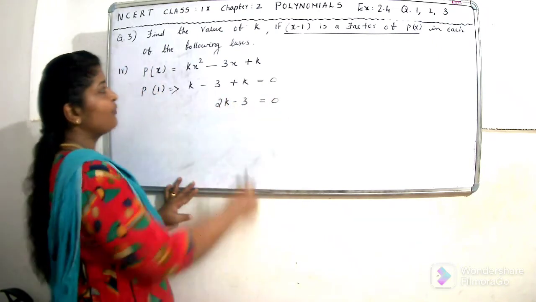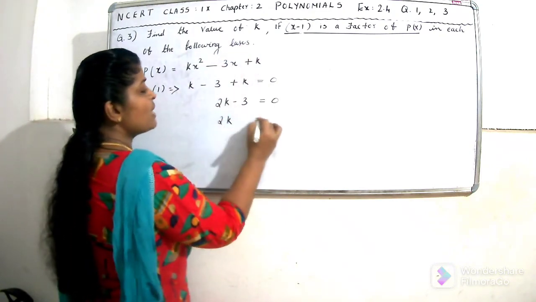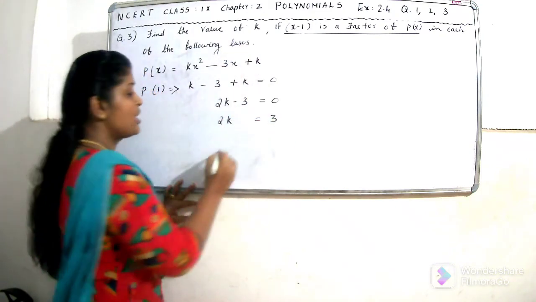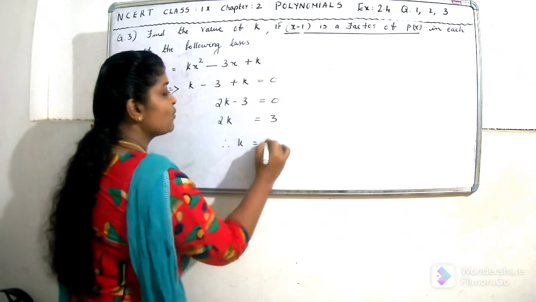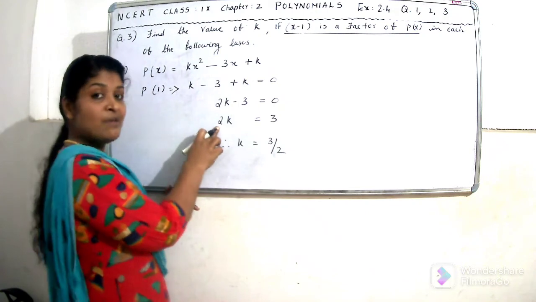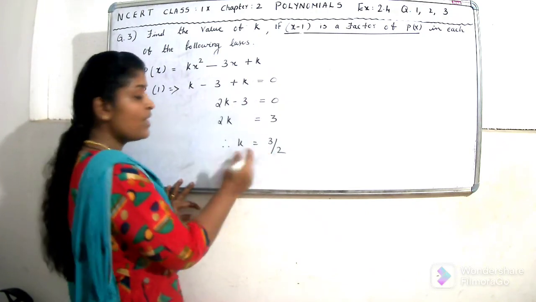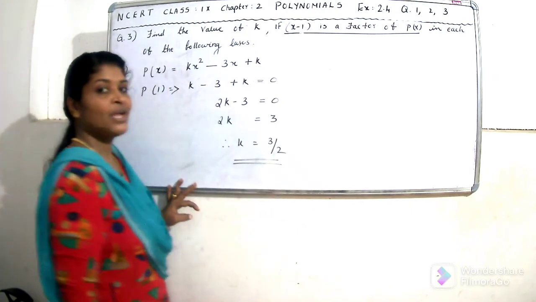We have to find the value of k. So 2k is equal to positive 3. Therefore k is equal to 3 by 2, because this 2 is in multiplication, so on the other side it is division. So what is the value of k? k is equal to 3 by 2.